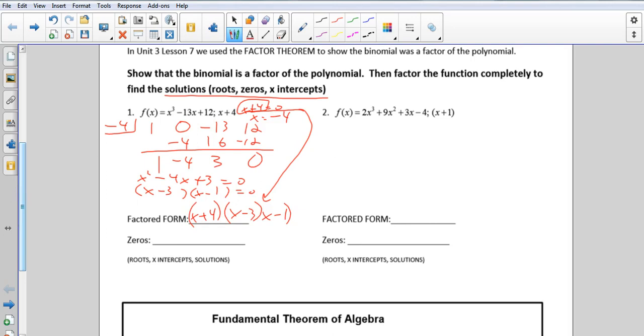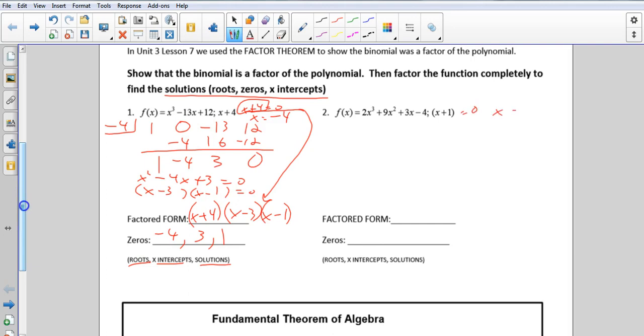Now the zeros are just when we set each of those equal to 0 and solve. So x plus 4 would give us -4, x minus 3 would give us positive 3, and x minus 1 would give us positive 1. I'm not going to do that, but you can do that off to the side and solve for each one. Those are the zeros, and the roots, and the x-intercepts, and the solutions, all the same thing.